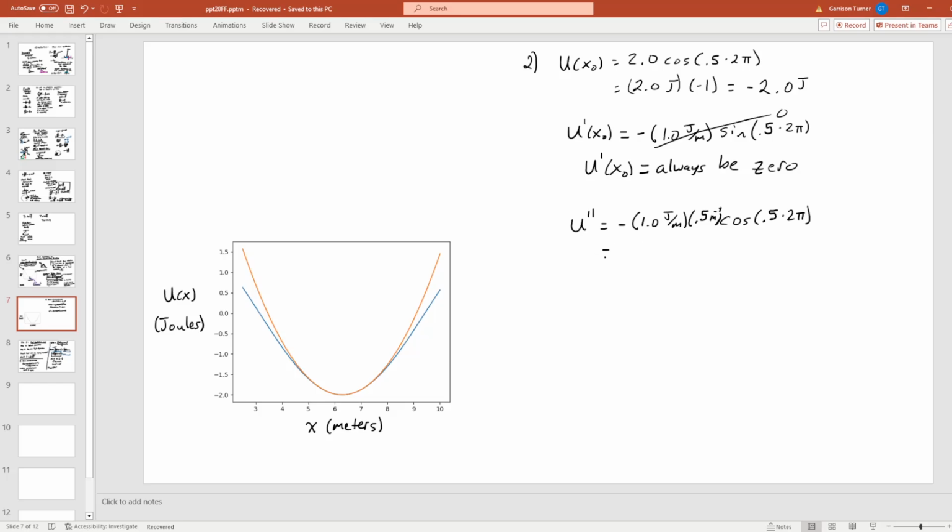Okay, so this is going to be negative 0.5 cosine of pi, but cosine of pi is negative 1. So negative 1 times negative 0.5 is 0.5. So this is 0.5 joules per meter squared. Okay, and I really should be explicit. We're evaluating this at the equilibrium position, so this is u double prime at x naught. Okay?